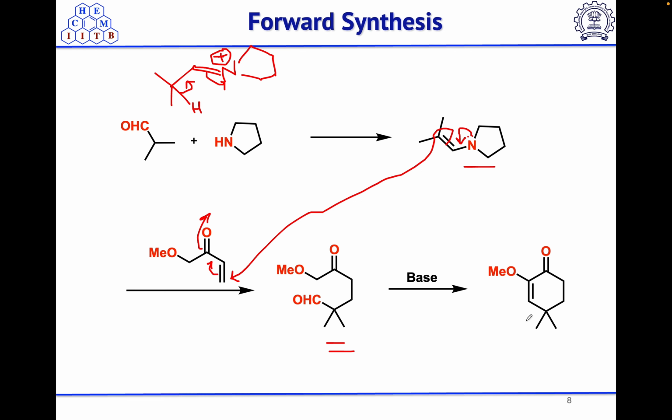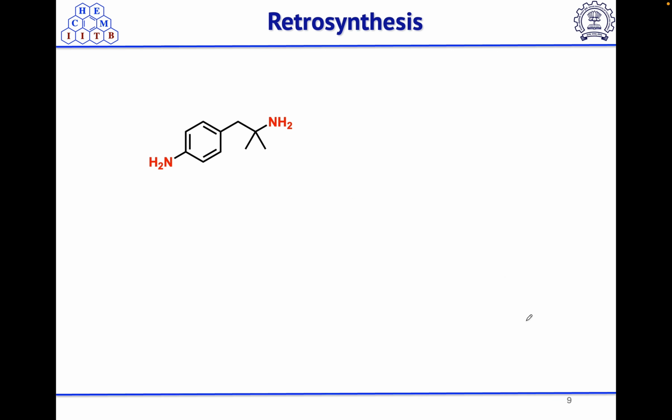Okay, so we'll see the next problem. The next problem is this molecule. This is now an aromatic compound having an amine here, an aromatic amine, and here an aliphatic amine. So two types of amines are present in this molecule. So what will be the retrosynthetic plan for this molecule?